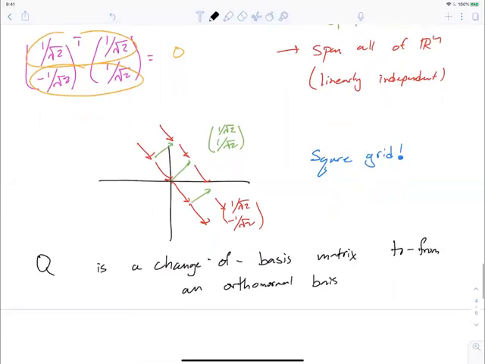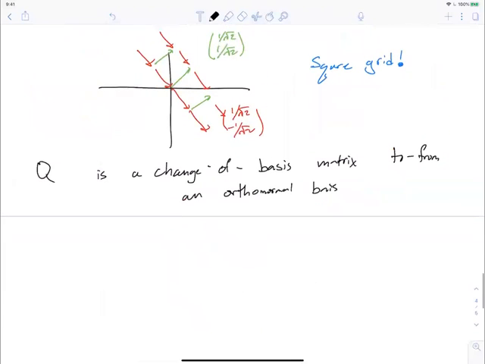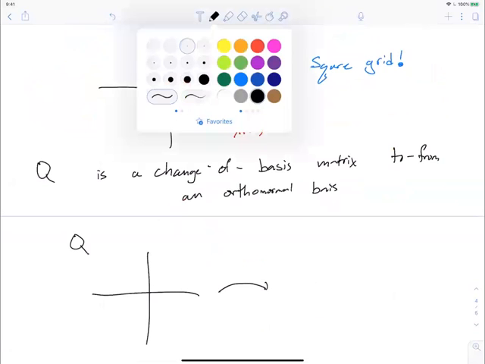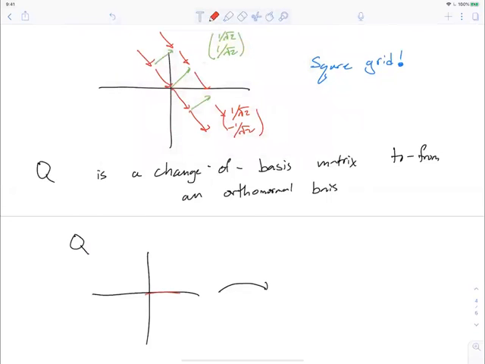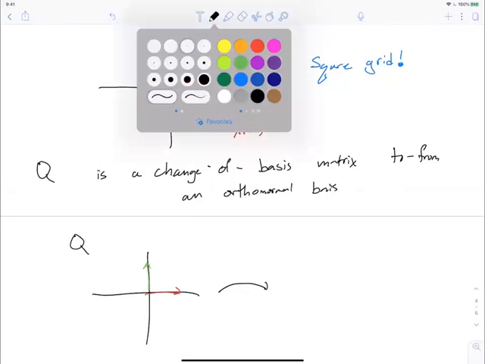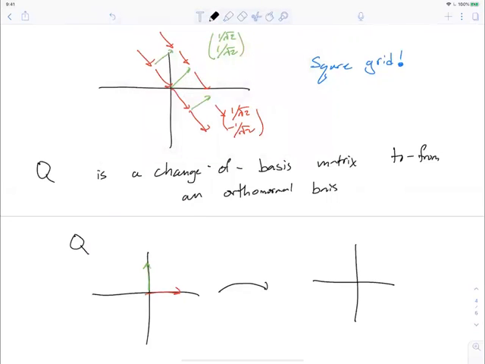If we use the before and after graph, Q is going from the standard basis and transforming it into some other orthogonal grid.